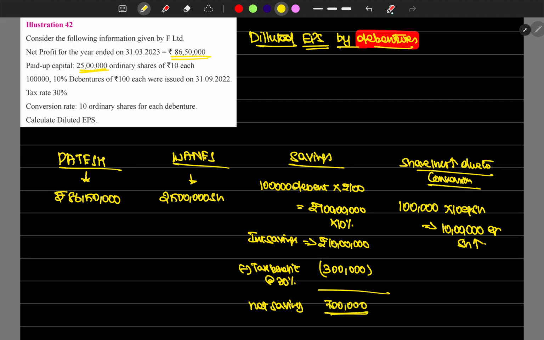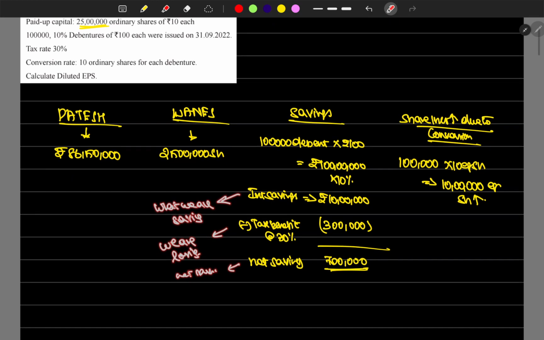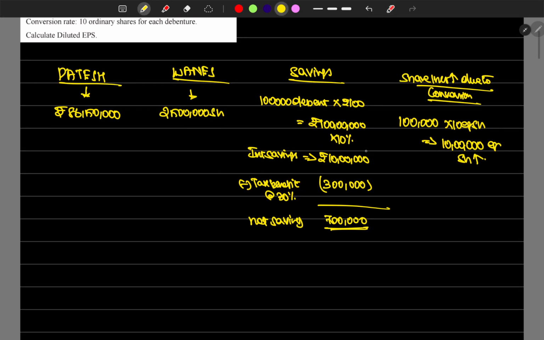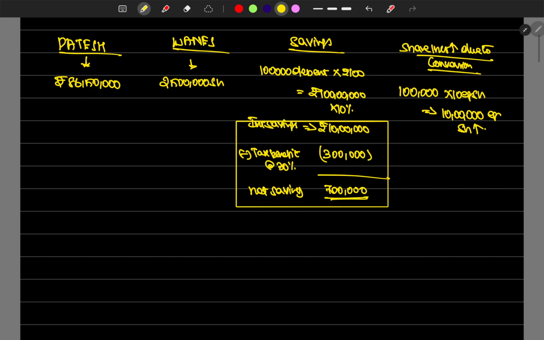So what we have to understand here is that the interest savings is what we are saving. The tax benefit is what we are losing out of the interest. We are losing that, so net saving is 7 lakh. So this is what this table is conveying. Okay, so we found all the line items, so we can quickly finish off the sum in no time.